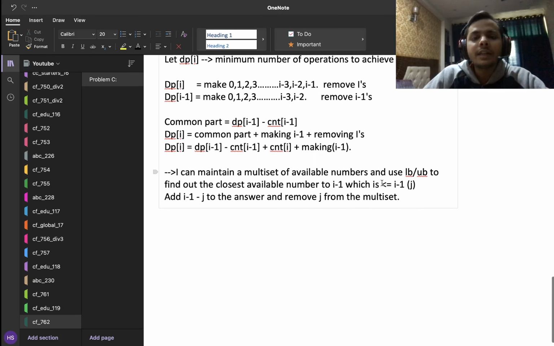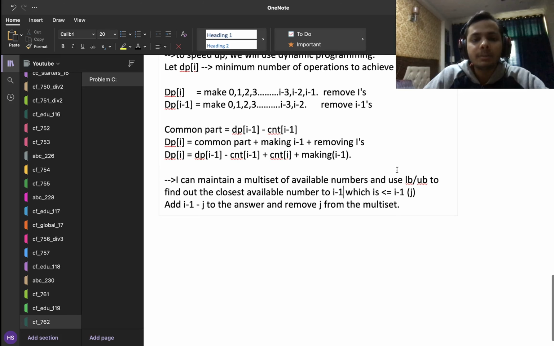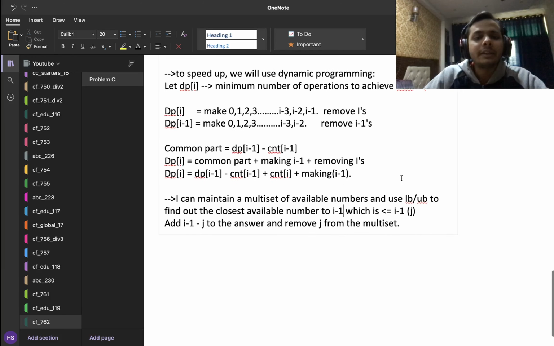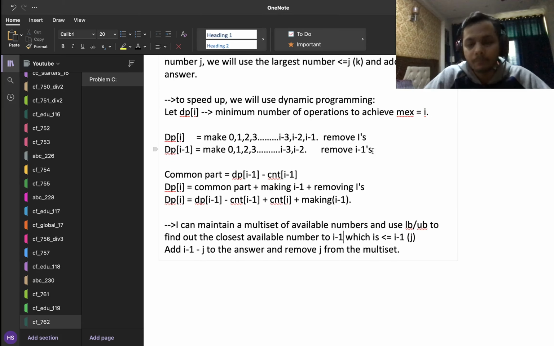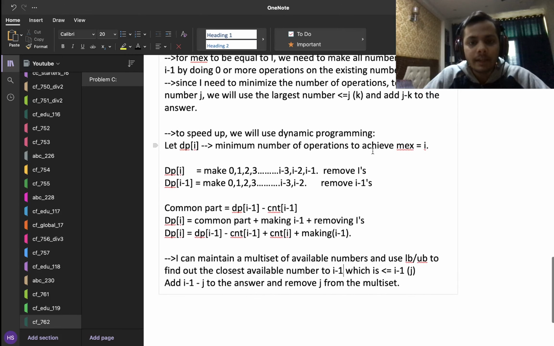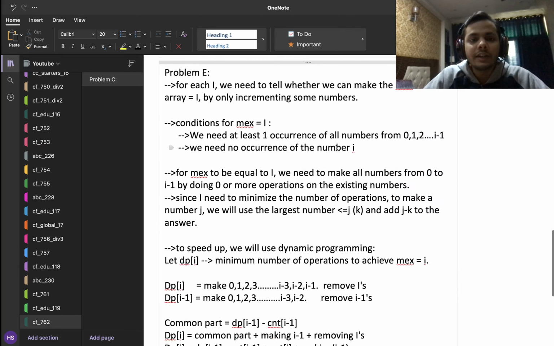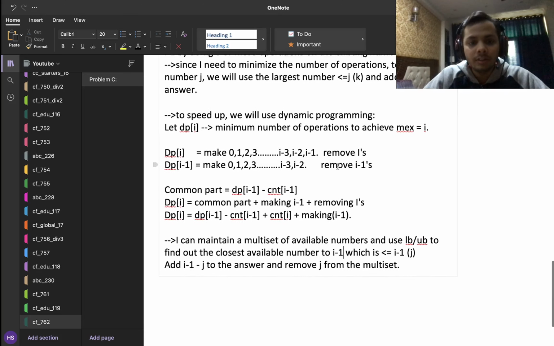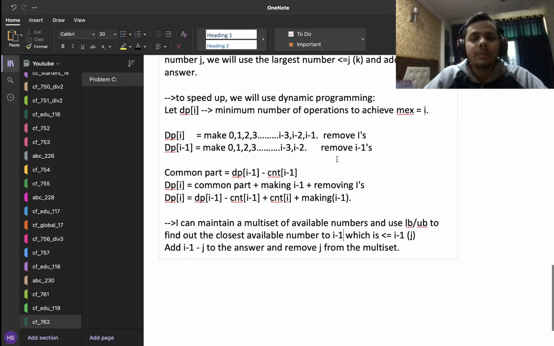And if the multiset doesn't contain any such number, then the answer will obviously be minus 1, and for all the remaining indices the answer is going to be minus 1 only, right? So this pretty much sums it up, problem E. Again, it was a problem which required us to make some keen observations, and hence it was a bit difficult.